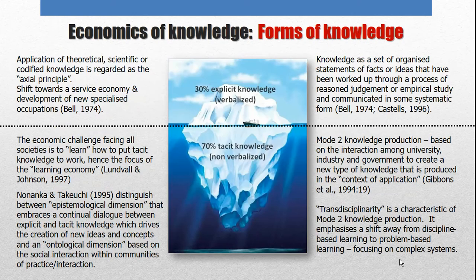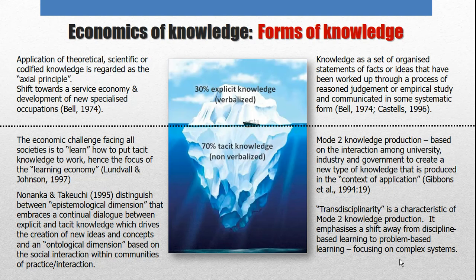All right. So if we would translate this now into what do we see in terms of the forms of knowledge in the economics of knowledge from a knowledge economy perspective, then we see that about 30% of the totality is about explicit knowledge. But there's a huge portion that relates, therefore, to the tacit knowledge. And these percentages are quoted over and over again in different literature.